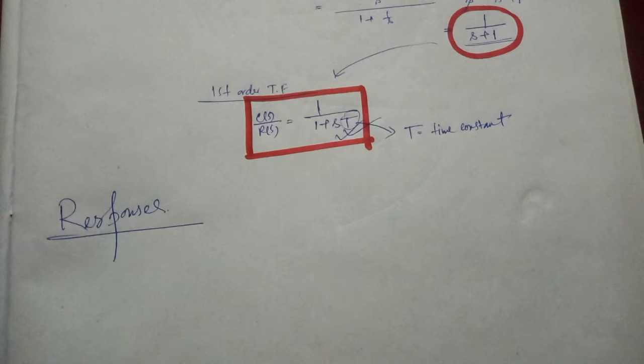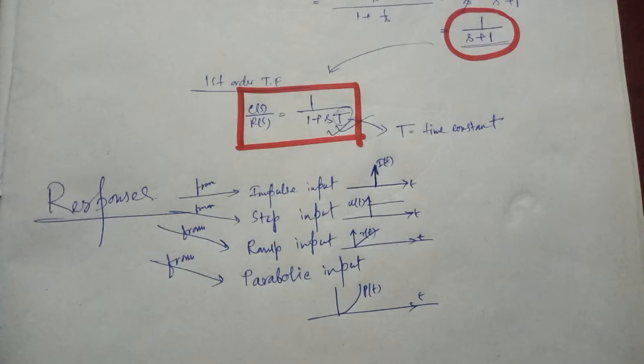When we input the step function or a step signal, we get the output, and that output is called step response. This way there are 4 types of inputs we generally apply.